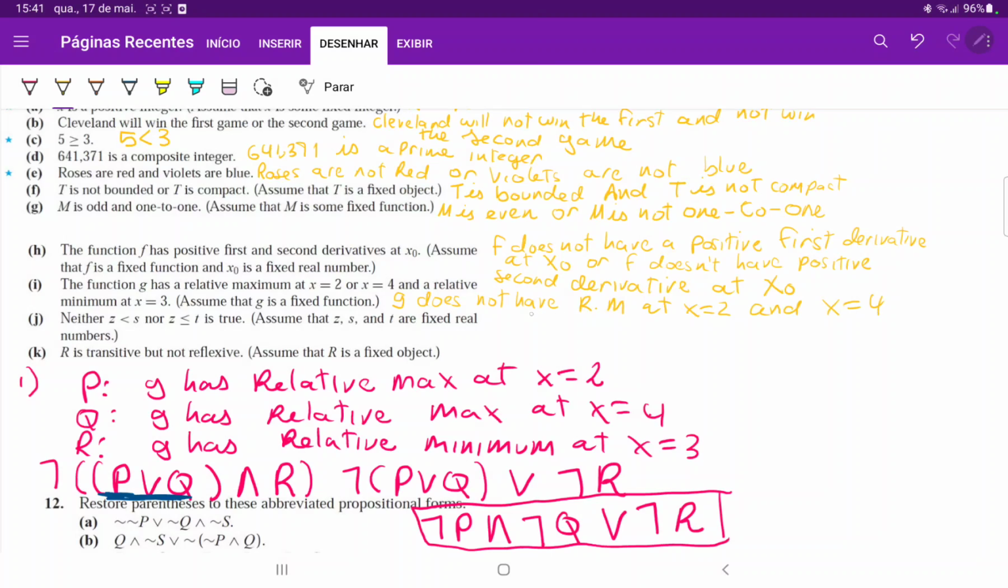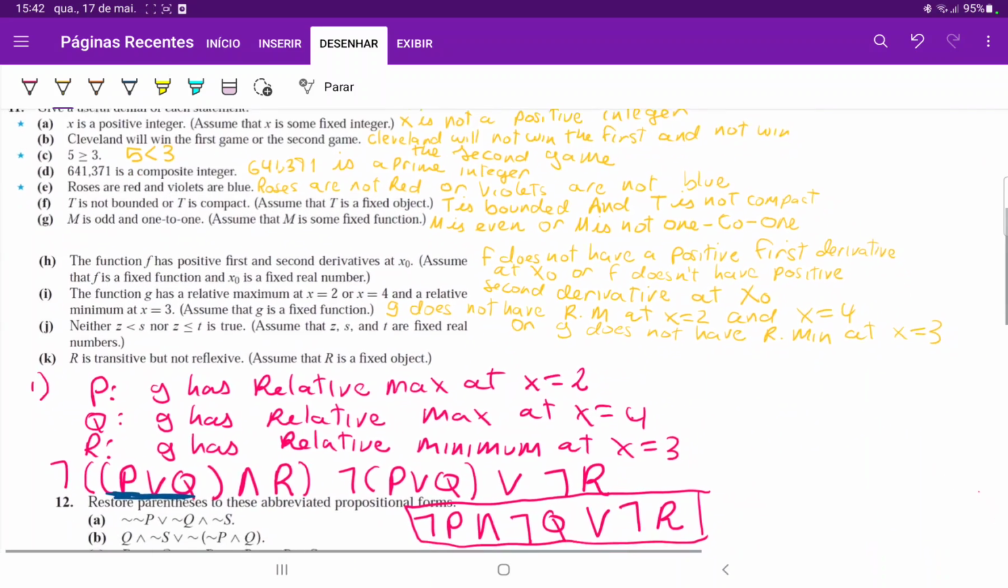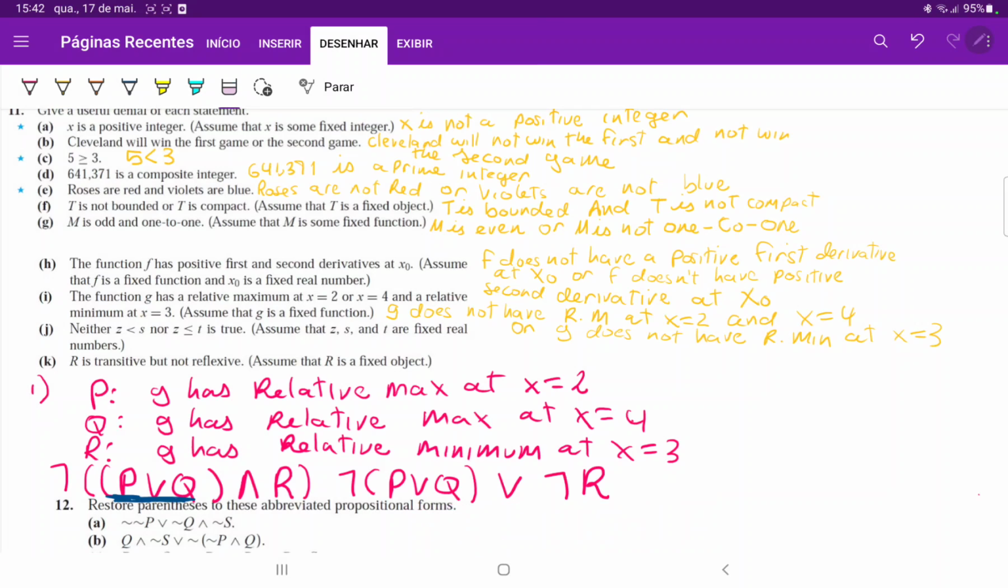Or, then we can say, not R: G does not have relative minimum at x equals 3. So we saw that this is a compound statement, so we do have to apply De Morgan's laws twice. Now we're missing item J and item K.